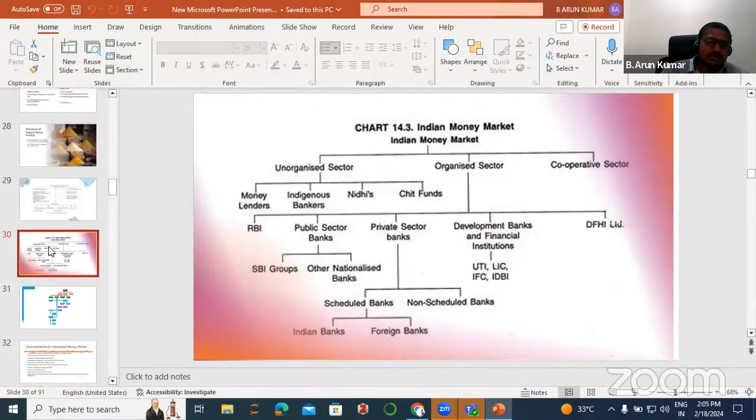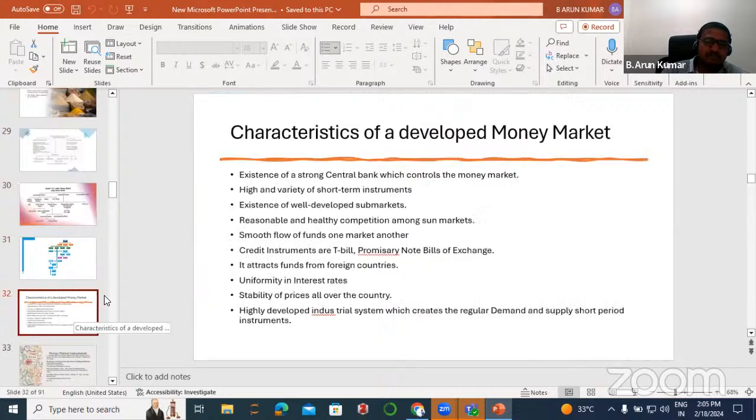Coming to unit number 7. In this unit, they have asked about factors affecting the flow of foreign capital. Which factors affect the flow of foreign capital?